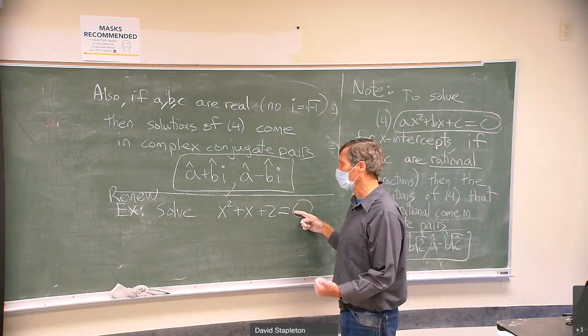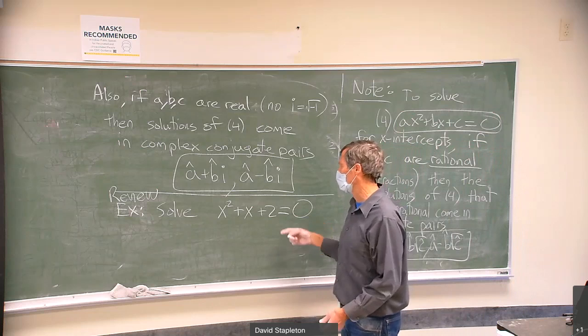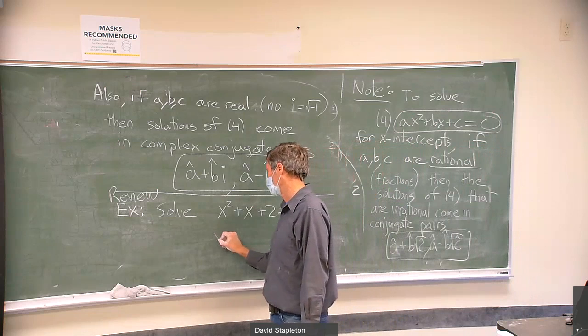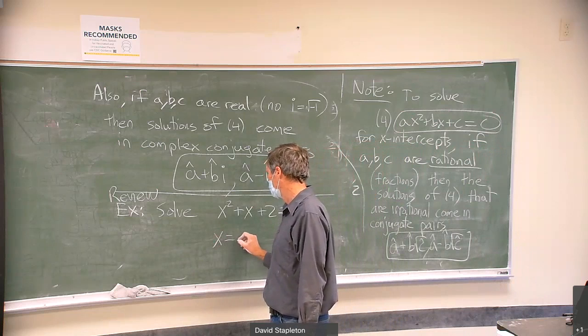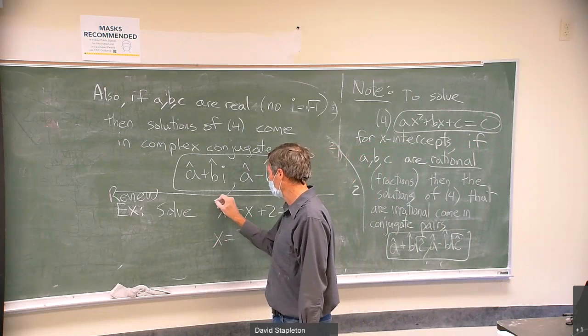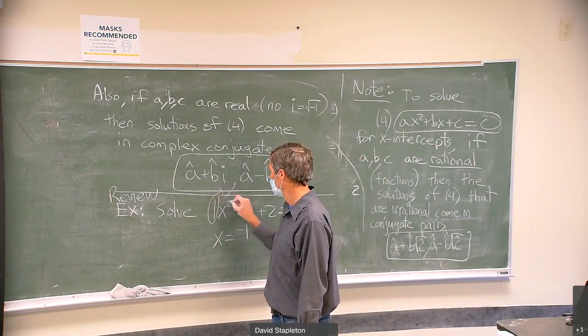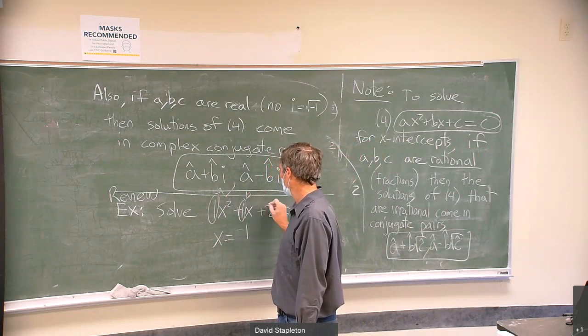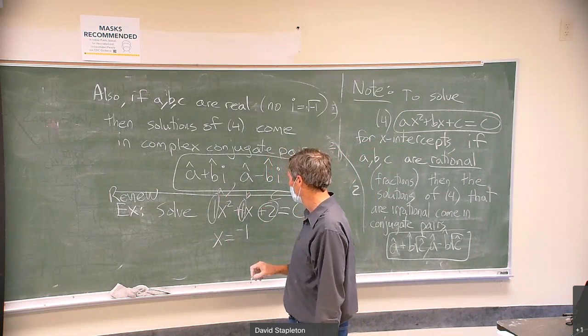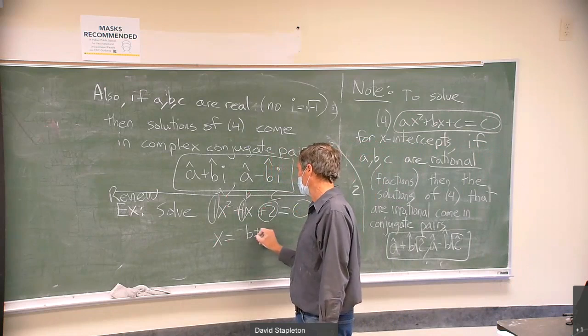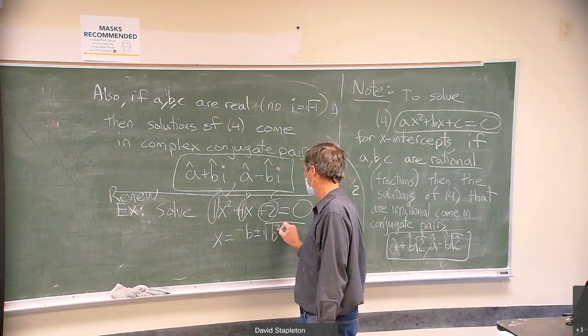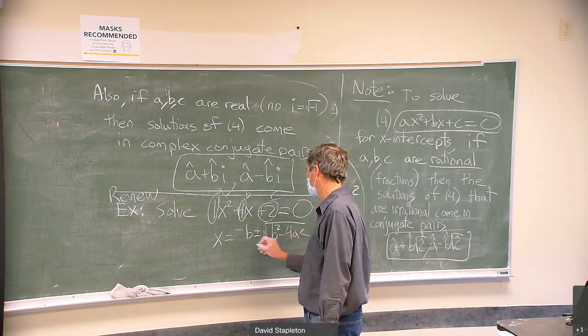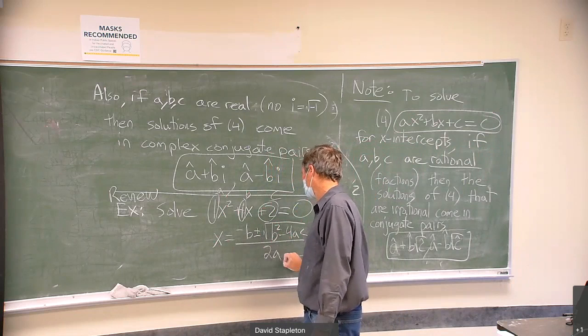For your next test, I'm going to ask you to do the quadratic formula, and I might ask you one of these where you get these kind of answers. Remember, the quadratic formula always works. Minus b, I look at the numbers. A is 1, b is 1, and c is 2. So minus b plus or minus, you have to have this memorized, square root of b squared minus 4ac, all over 2a.